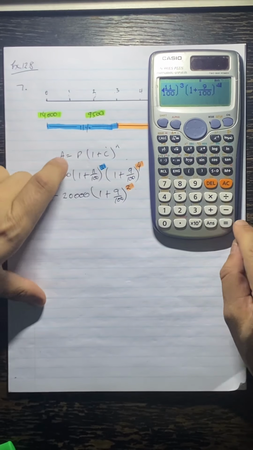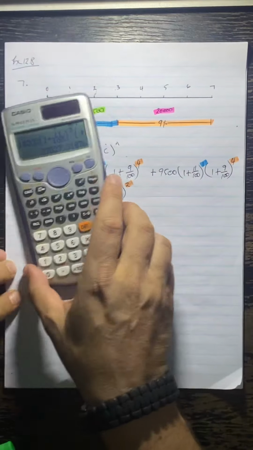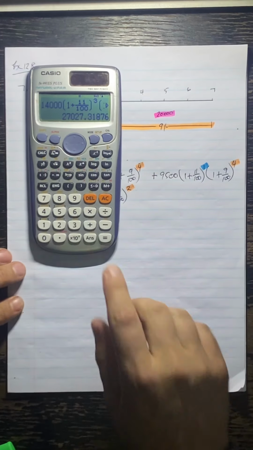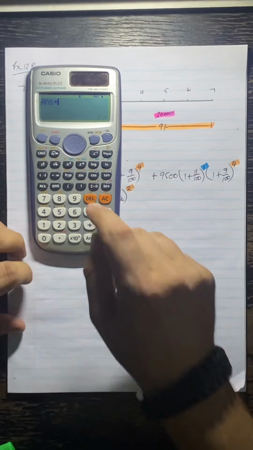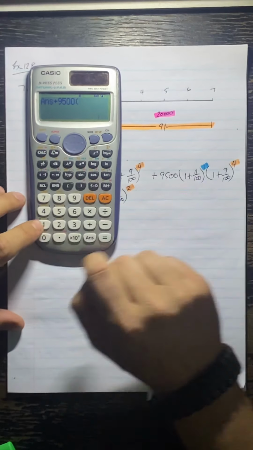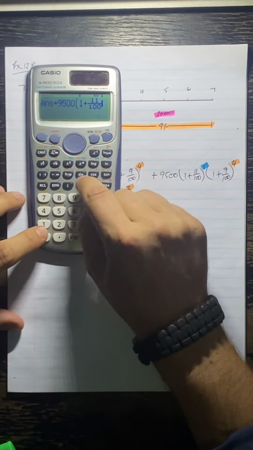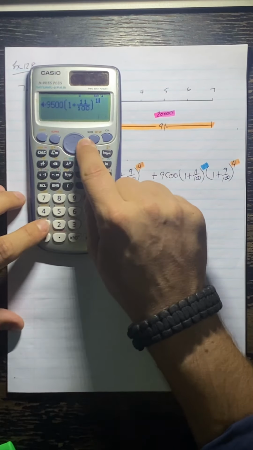I press equals. Now, I'm going to add this bit over here. Okay, so we just say plus 9,500 times this bracket, 1 plus 11 over 100 to the power of 1.